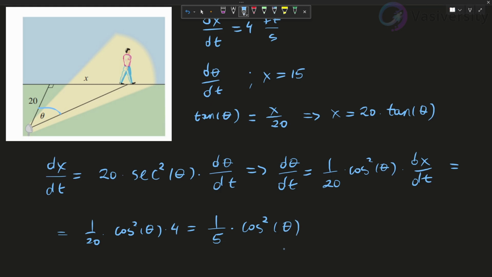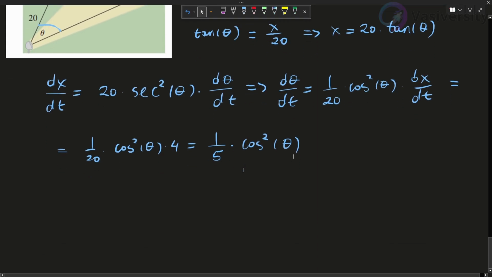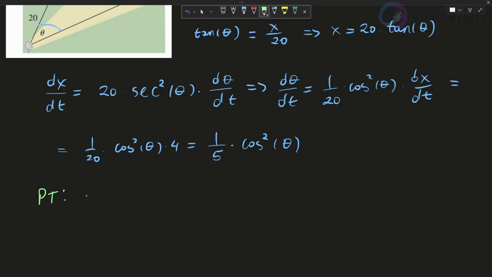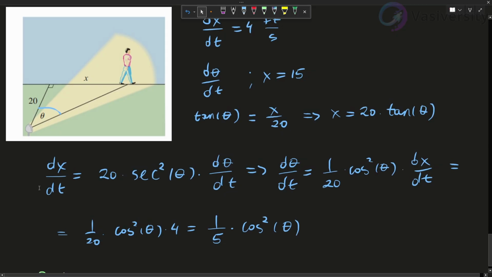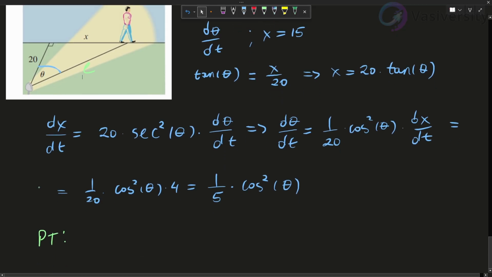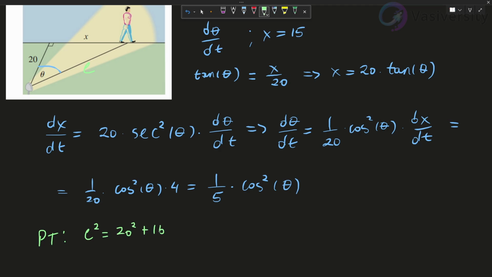So when x is equal to 15, the length of the beam, right, is 25 by the Pythagorean theorem. Okay, so yes, Pythagorean theorem, we have the length, which we can call L. So L squared is equal to 20 squared plus 15 squared.